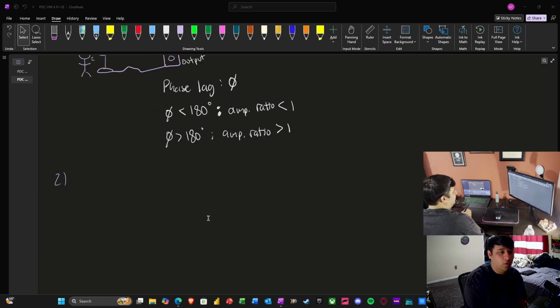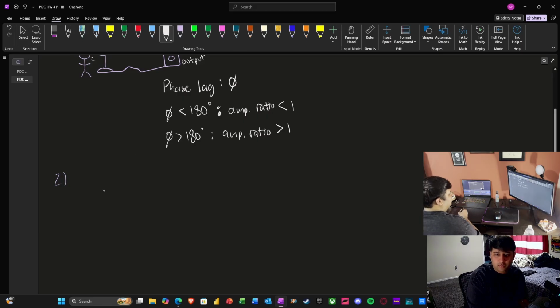Now for the second part, what we're going to do is draw another diagram. So start with our Y set point, and then there's going to be a little controller right here.